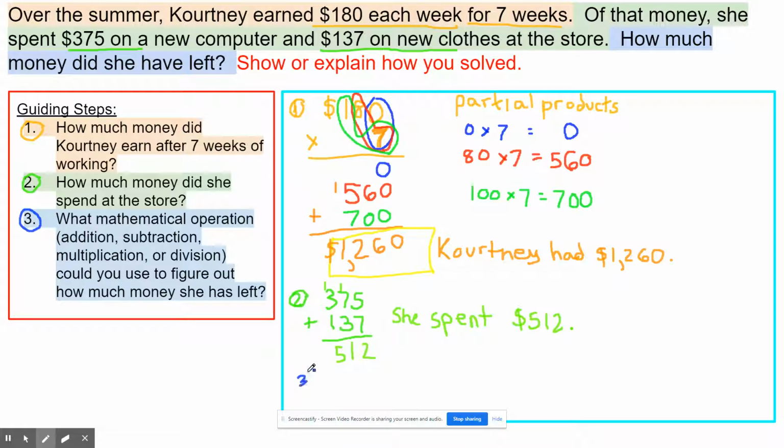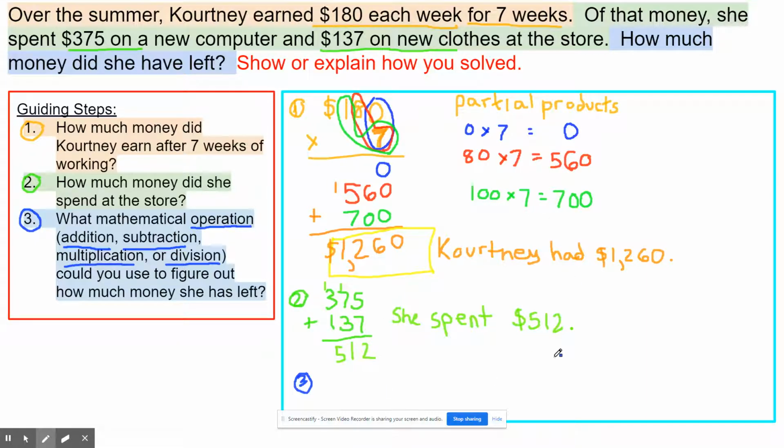We have 4 mathematical operations that we could use, and those are, of course, addition, subtraction, multiplication, or division.